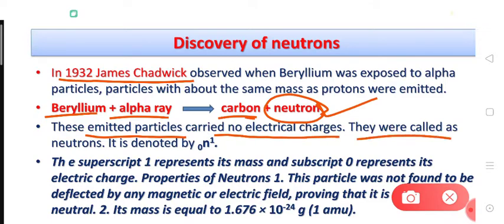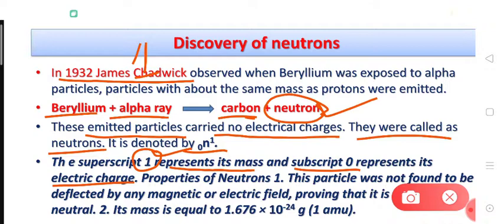This is why they were called neutrons, because they were neutral, and they are denoted by this symbol. The superscript 1 represents that its mass is 1 unit, and the subscript 0 represents that its electric charge is 0. So the mass of neutron and the mass of proton are almost equal. Both have 1 unit mass, while the electron has negligible mass.